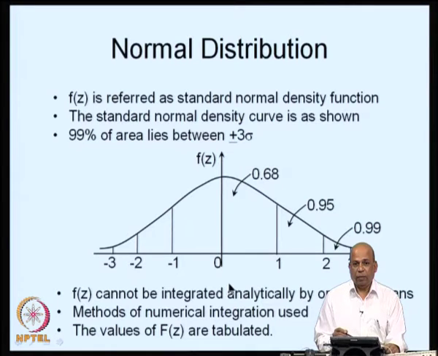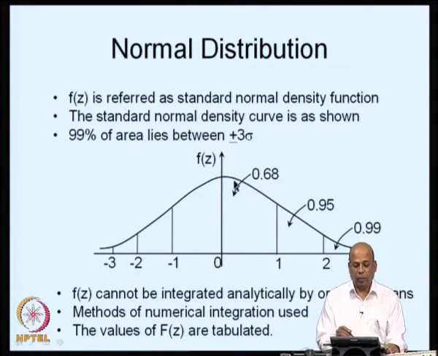Another interesting property here is that if you take one standard deviation on either side, the standard deviation of Z is 1. Therefore, if you take one standard deviation here and one standard deviation here, the area contained within that is about 68%.